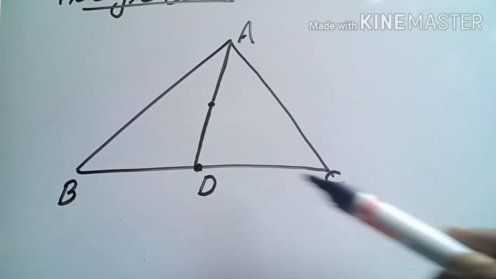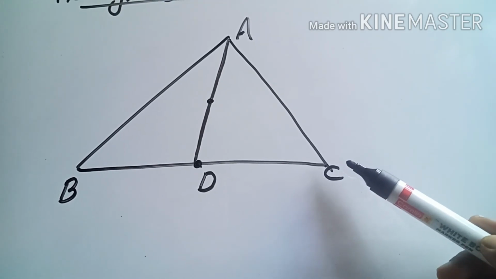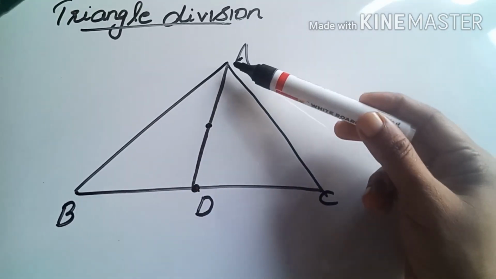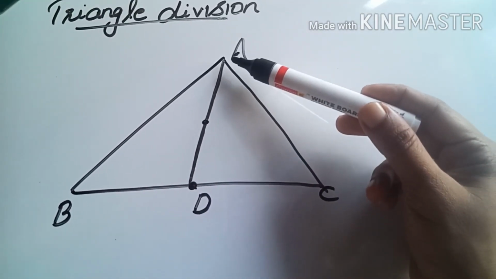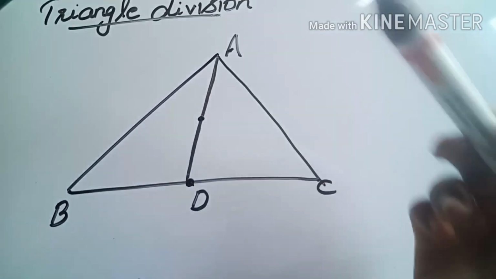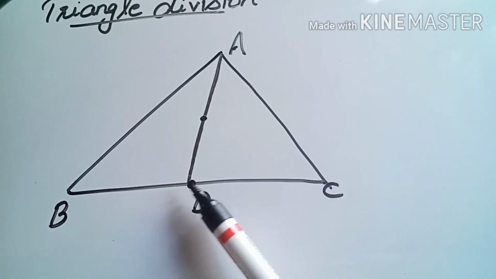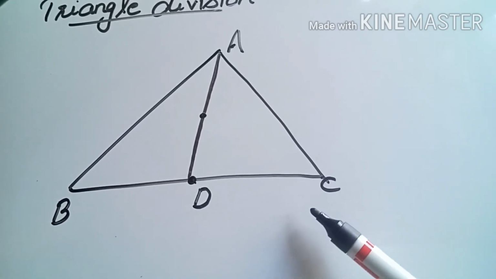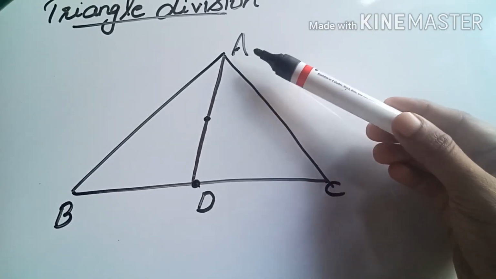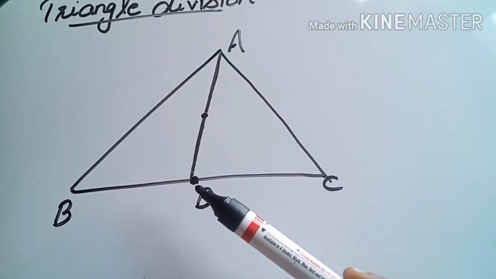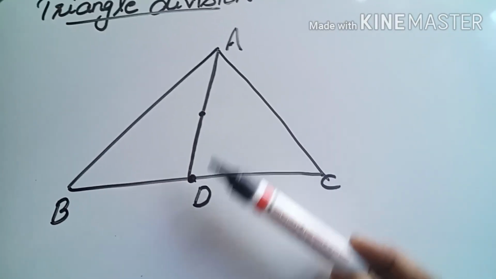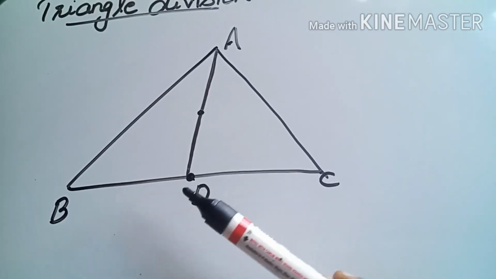Triangle ABC. The question is, from the top vertex of a triangle, a line is drawn to the midpoint of its opposite side. Here D is the midpoint, BC is the opposite side. So AD is that line.